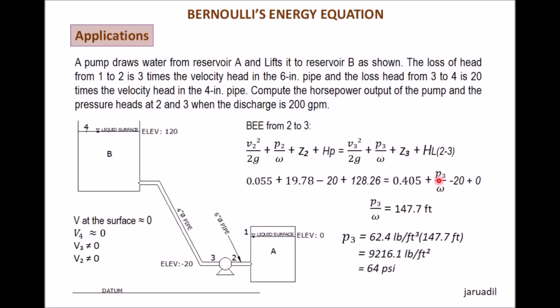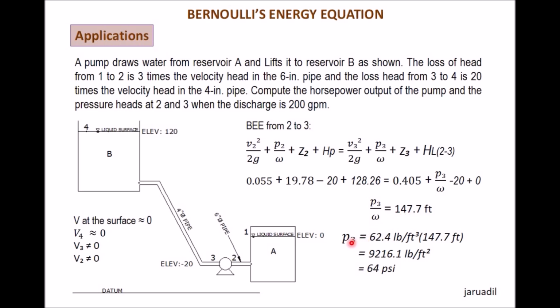Then we write P3 over omega. So again, this is negative 120, the elevation at point 3, and the head loss from 2 to 3 is 0. So from this equation, what is left unknown is the pressure head, P3 over omega. So that is equal to 147.7 feet.